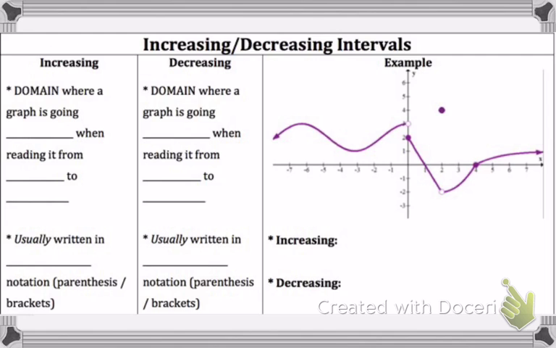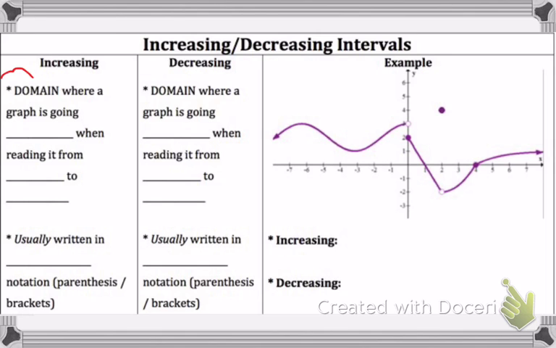We're going to talk about more to do with functions, particularly from graphs, but also from tables and equations in these notes. So first is increasing and decreasing intervals. When you're given a graph and it says what intervals does the graph increase and on what intervals does the graph decrease, you're going to use these notes.